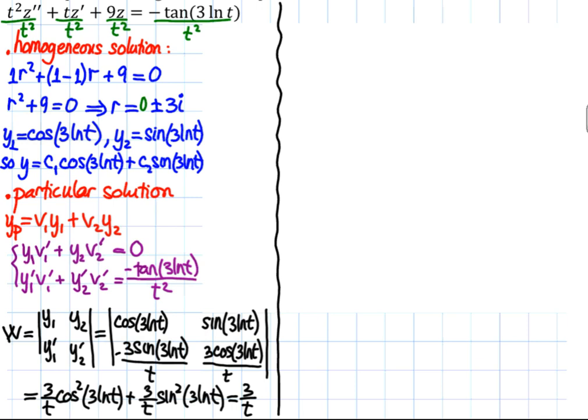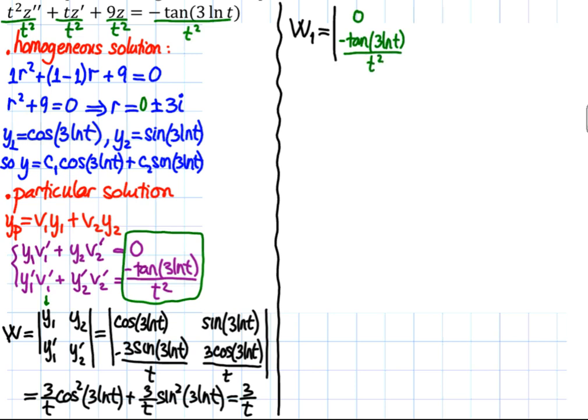Now W1. Instead of y1 and y1 prime, we replace the first column with the right-hand side. So we have 0, negative tangent of 3 ln(t) over t squared, and then y2 and y2 prime.